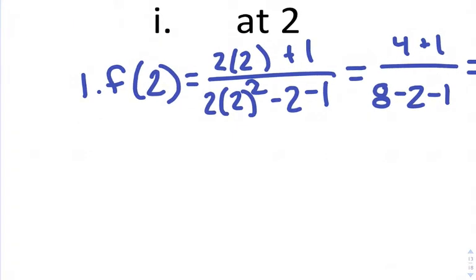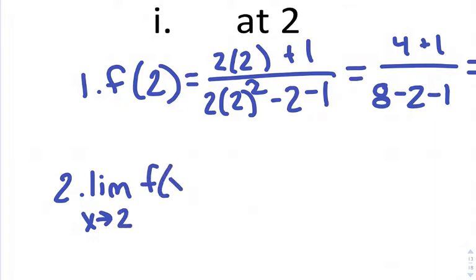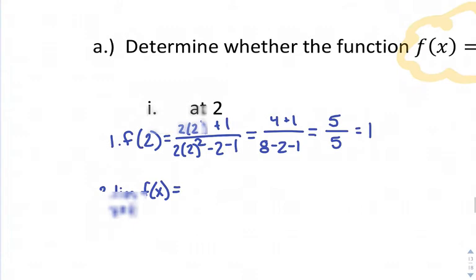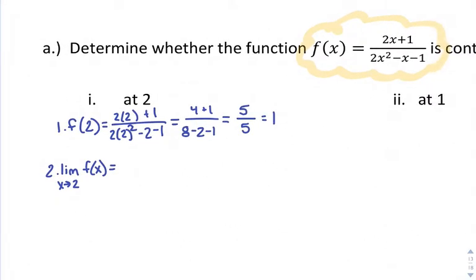Condition 2 is that I have to look at the limit as x approaches 2 of f of x. Just to double check, I see this as a fraction, which means it could have a problem area. So I'm going to plug 2 into the denominator: 2 times 2 squared minus 2 minus 1. I end up with 5 in the denominator, which means I can just plug in my x value.